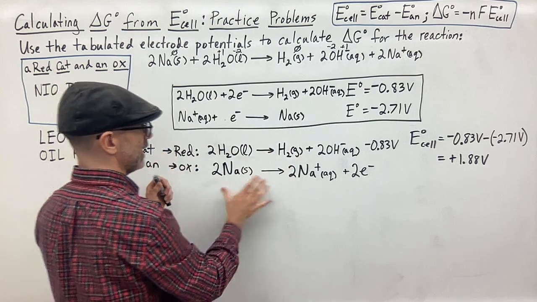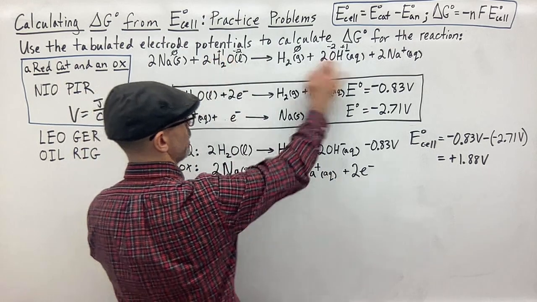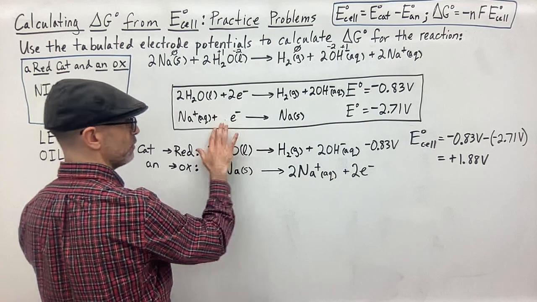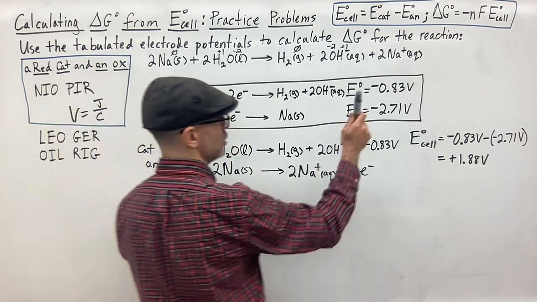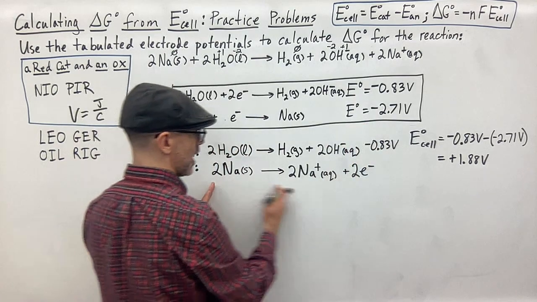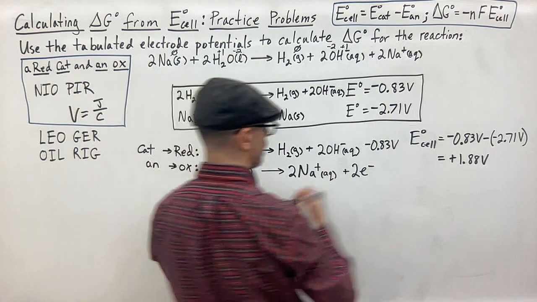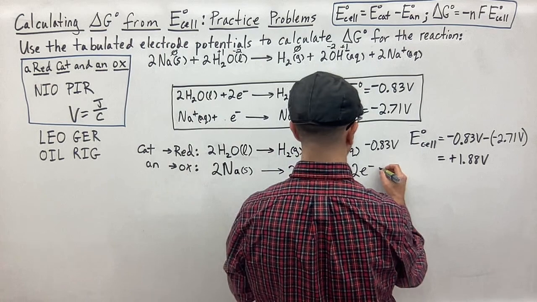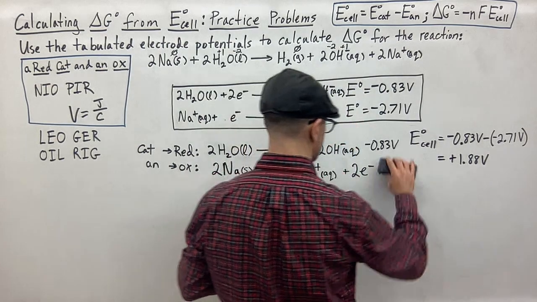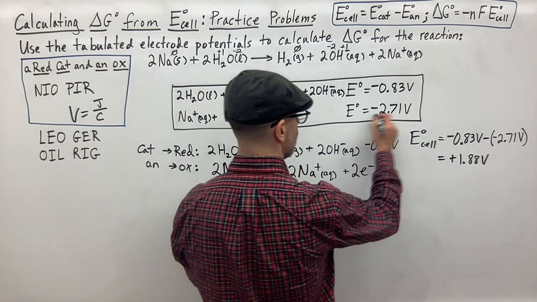So in order to get it into this form for our reaction, you'd have to flip it. But when you flip or reverse the reaction, you have to change the sign of the electropotential. So for this oxidation reaction going on here, the electropotential would be the positive of this.